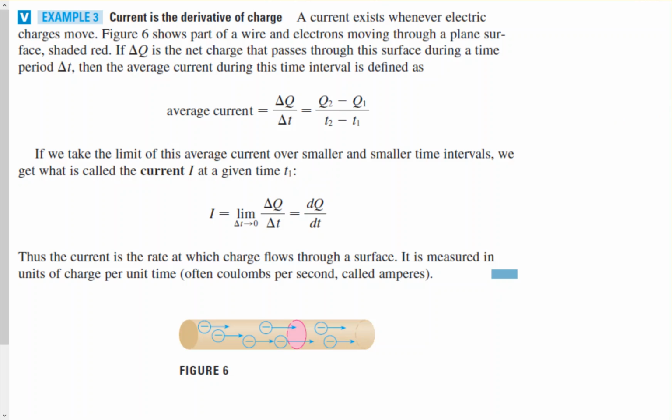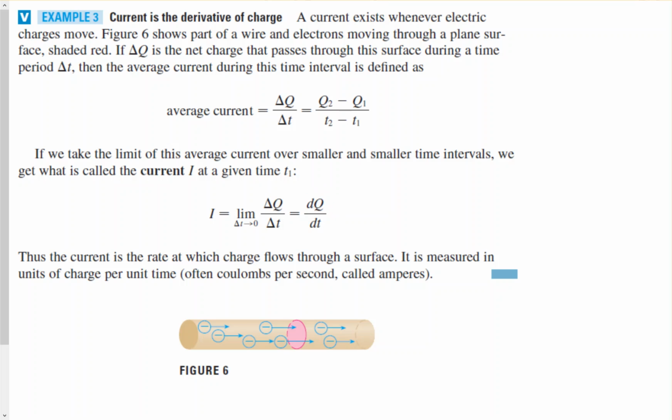Current is the derivative of charge. So we have average current, which we call delta Q over delta T. That would give us average current. And then the current at a given time would be dQ dt, and that would give us current, right?